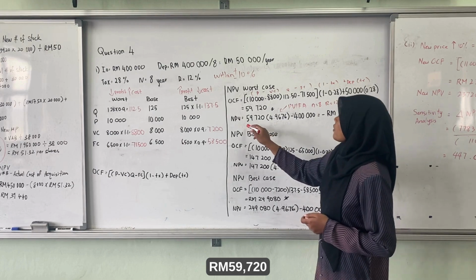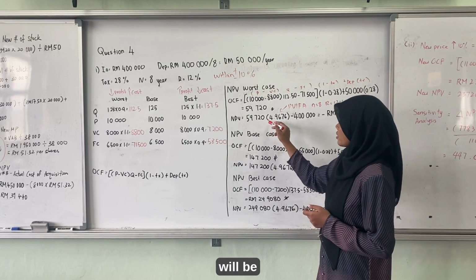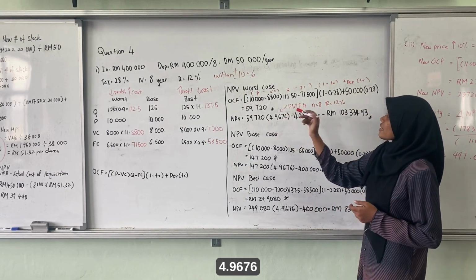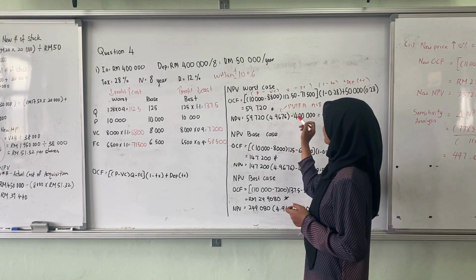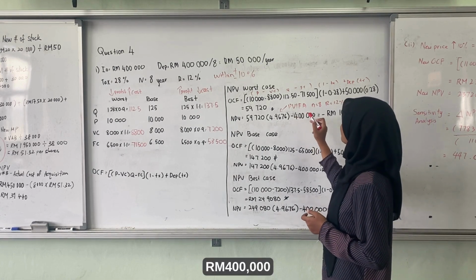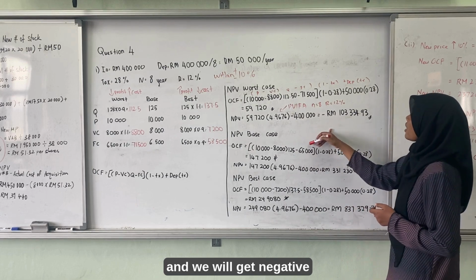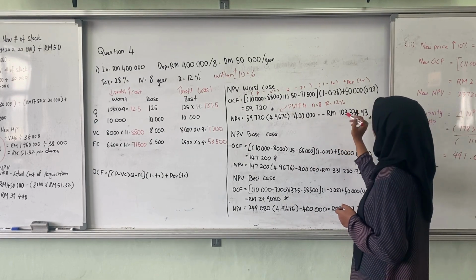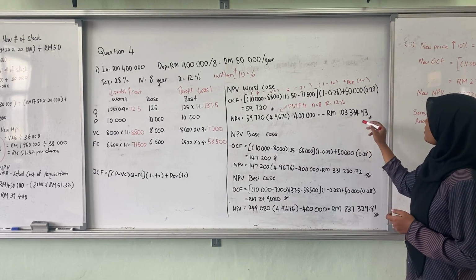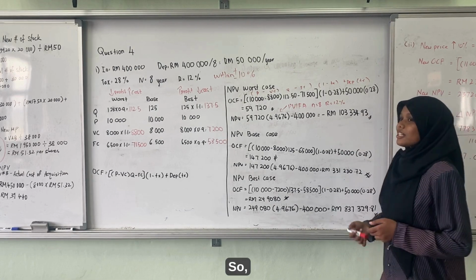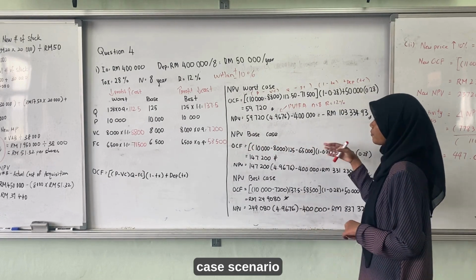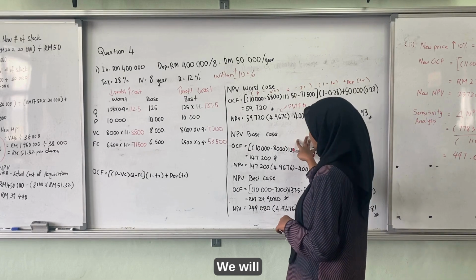So 59720 times 4.9676 minus the initial investment 40000, and we will get negative RM103,334.93.